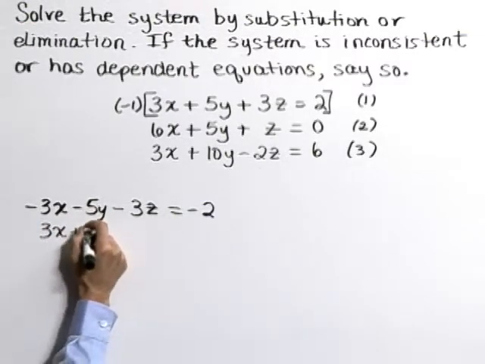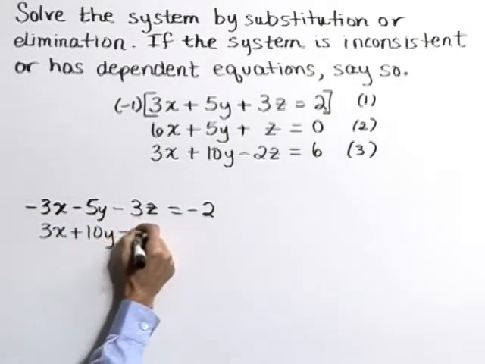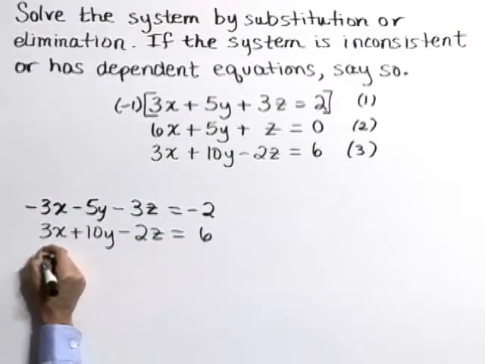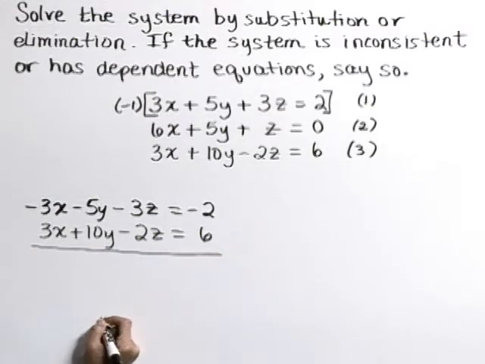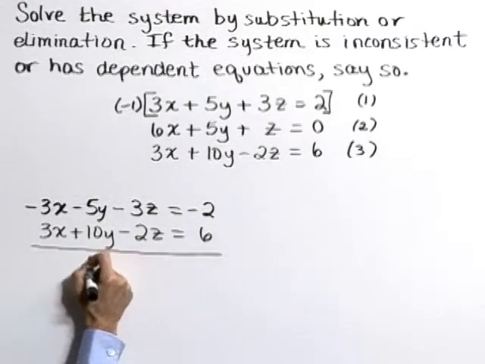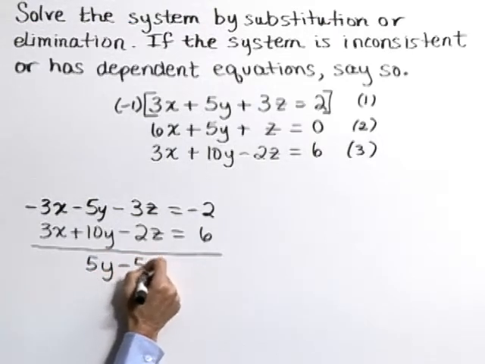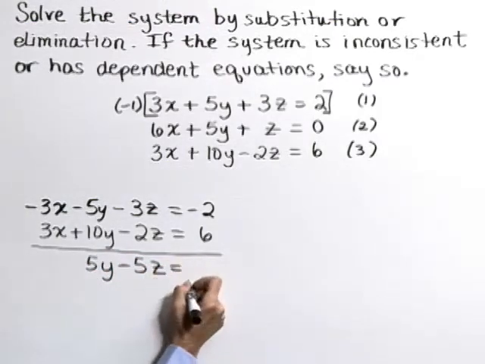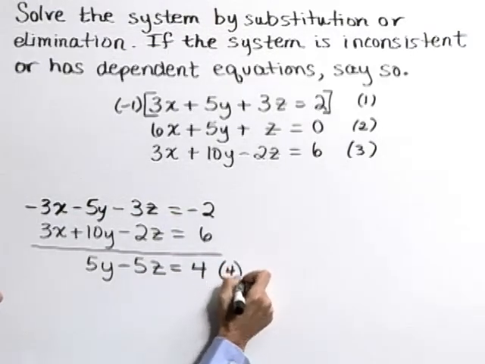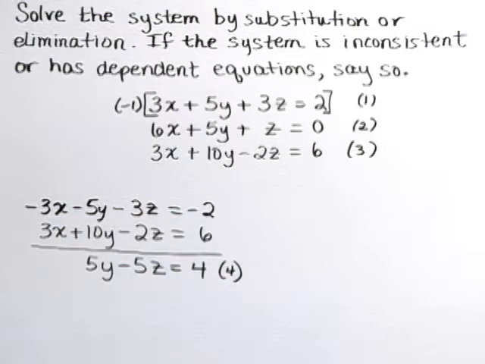It's 3x plus 10y minus 2z is equal to 6. Adding these equations together, our x variable eliminates, and we get a 5y minus 5z is equal to 4. I'm going to identify this as equation number 4.